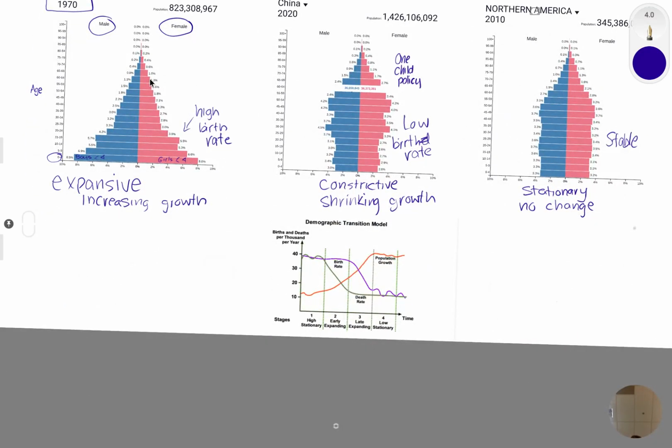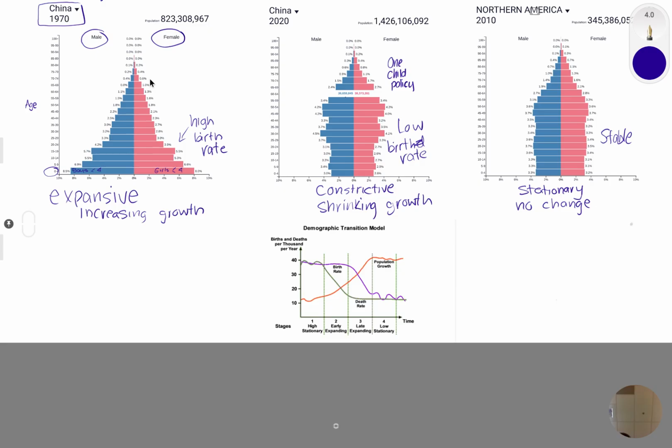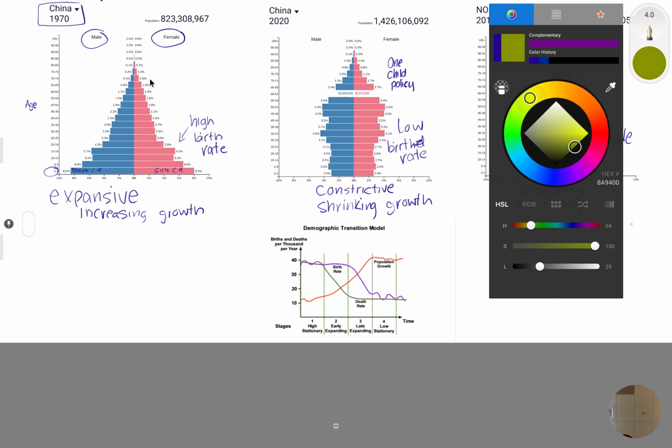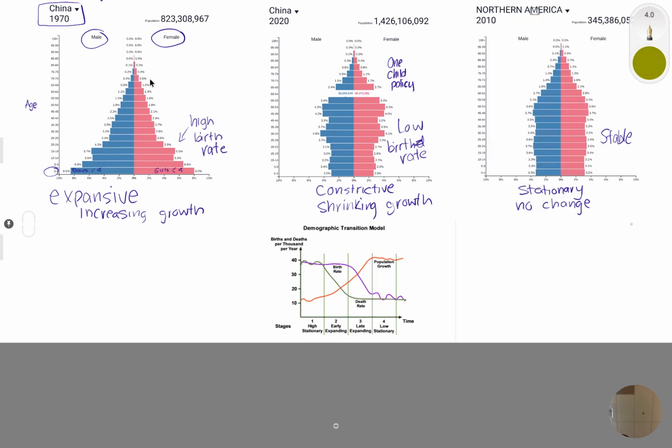The last thing I wanted to go over was the demographic transition model. The really important thing to realize about this is that you have 4 stages.